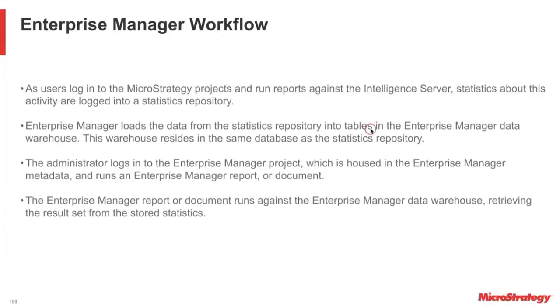Only this time we point it to the intelligence server such that it'll be grabbing that telemetry data from the intelligence server. And then the Enterprise Manager will load the data from your stats repository into those tables I've just shown you, based on the different categories. And then users can report on those tables.